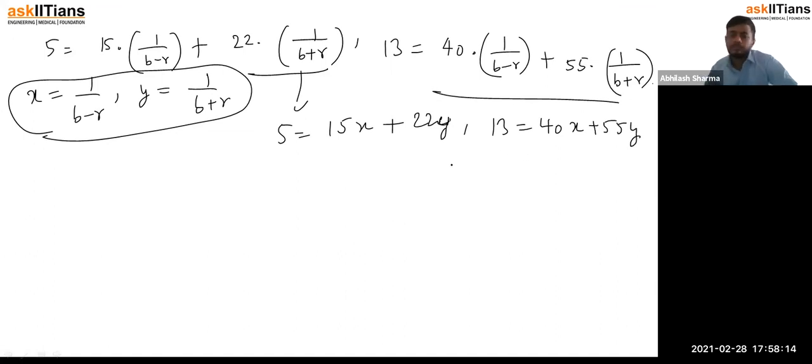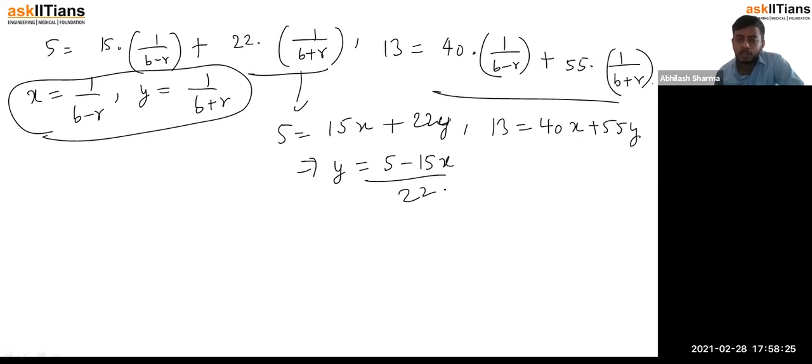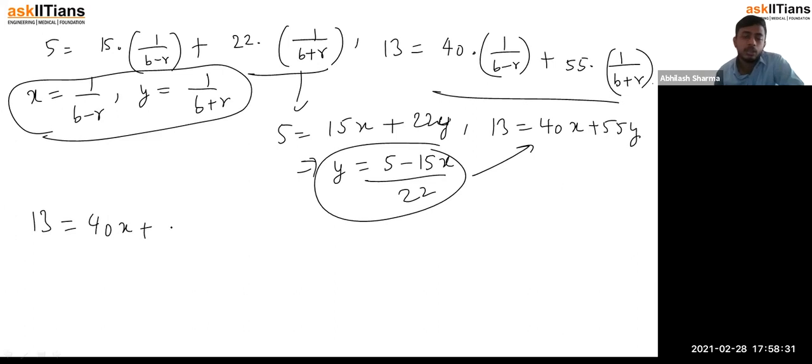Solving this is child's play, very, very easy. So what I can do is write y is equal to (5 minus 15x) upon 22 and substitute this value in this equation. So what are we getting? 13 is equal to 40x plus 55 into the y value, which I will substitute. On cancelling by 11, we are getting 2 and 5.